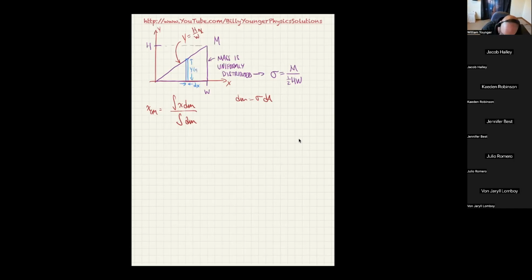So if I go to calculate the integral of x dm, I take the integral of x and then multiply it by sigma times dA, but dA is in fact y times dx. Well, y is h over w times x, and then times the dx for dA.